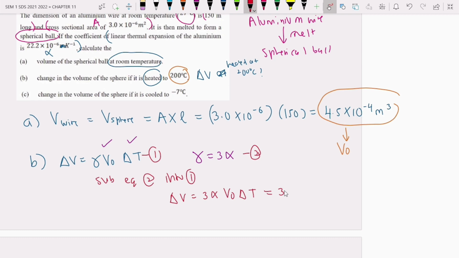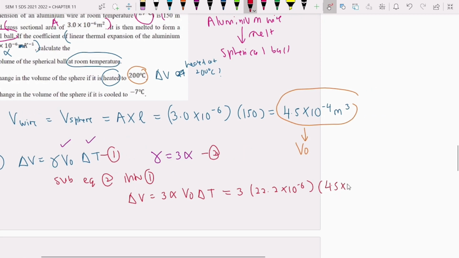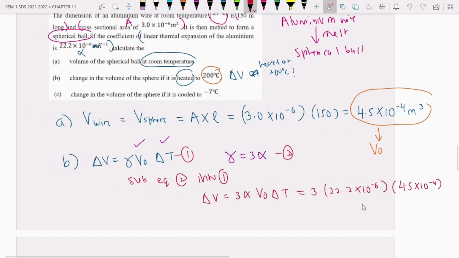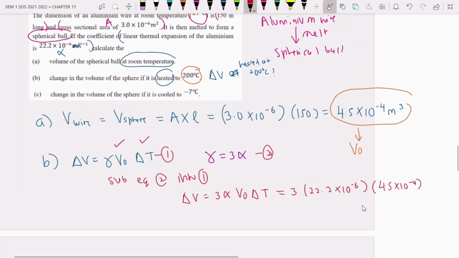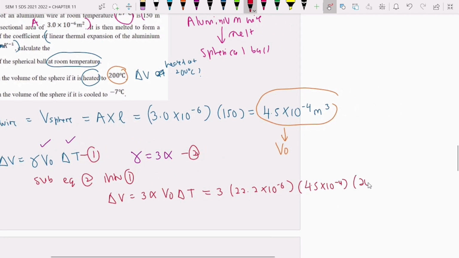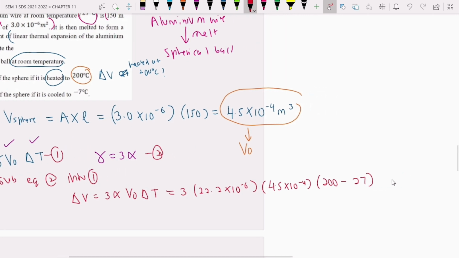We know the coefficient of linear thermal expansion is 22.2 times 10 to the power of negative 6, and the initial volume we already calculated in question A, which is 4.5 times 10 to the power of negative 4, and the change in temperature will be 200 degrees Celsius minus 27 degrees Celsius, which equals 5.18 times 10 to the power of negative 6 meter cube.